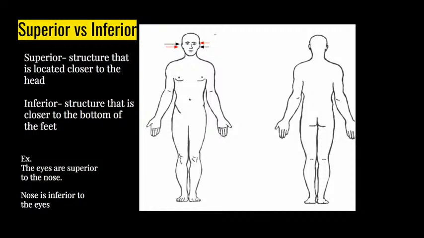Next, we learned terms that medical professionals use: superior and inferior, where superior is a structure located closer to the head, and inferior is a structure closer to the bottom of the feet.